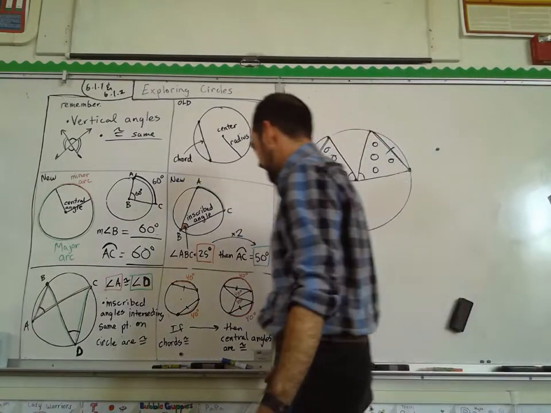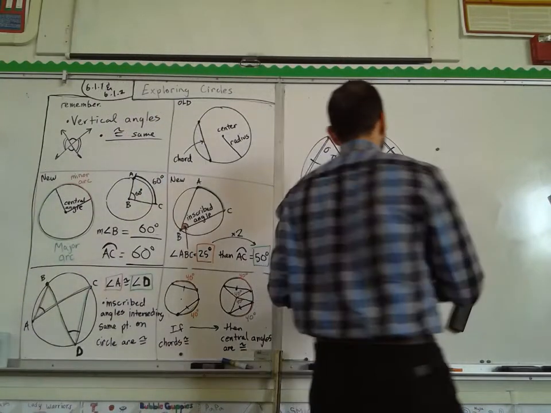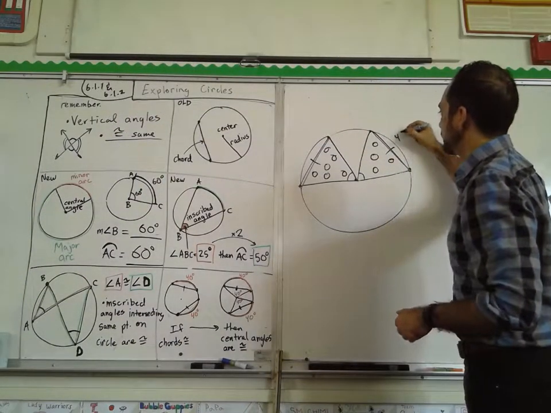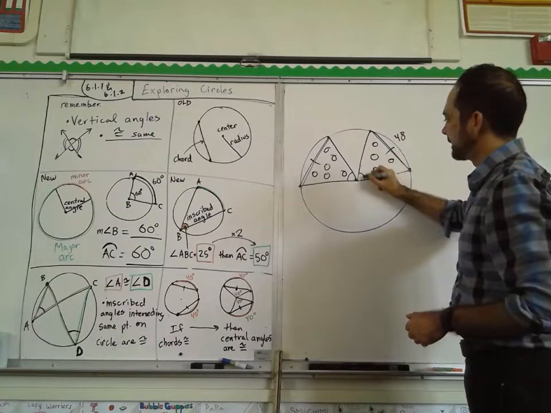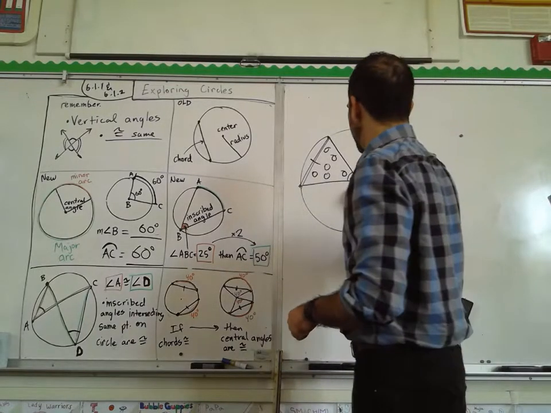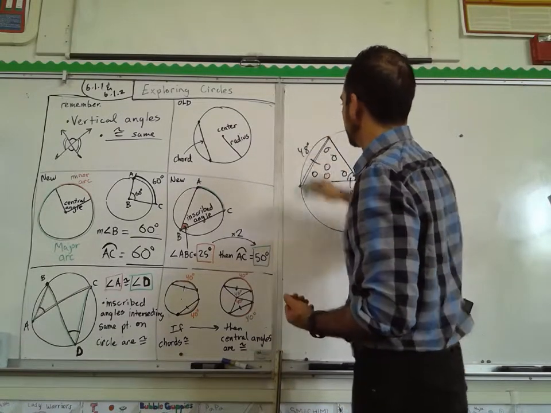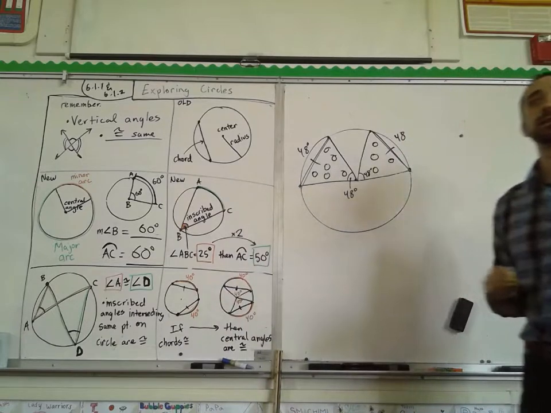So looking at that, again, if you just remember this from definitions, if this is 48, then that's 48 because it's a central angle. If this is 48, what's this? 48. So again, this is how we're going to approach these problems.